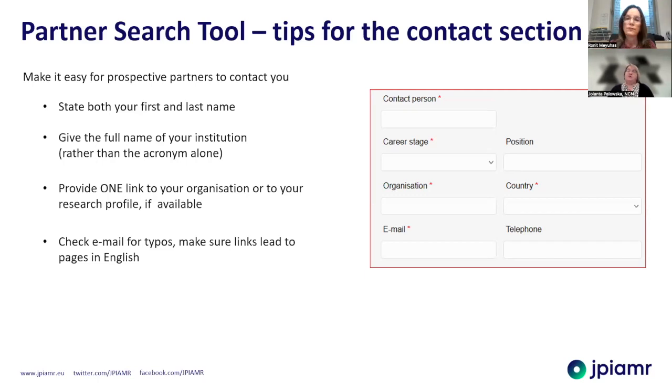So think about which link best represents what you want to communicate, and include just one. And then check the email address that you put into the form for typos, and make sure all the links lead to pages in English.